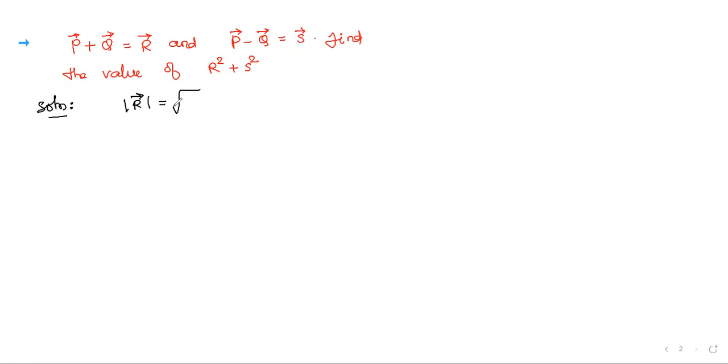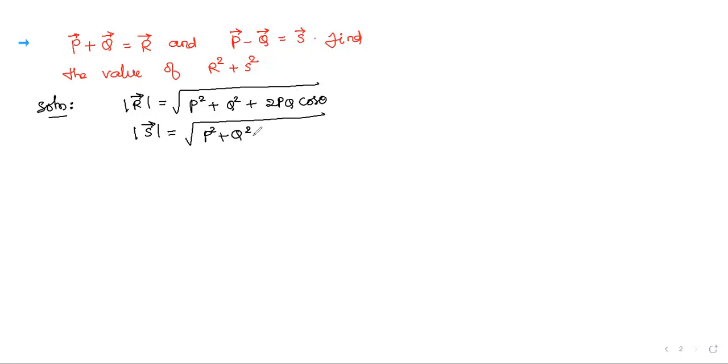According to the parallelogram law, mod R bar is the square root of P square plus Q square plus 2PQ cos theta. Between the same two vectors, mod S bar for subtraction is the square root of P square plus Q square minus 2PQ cos theta.